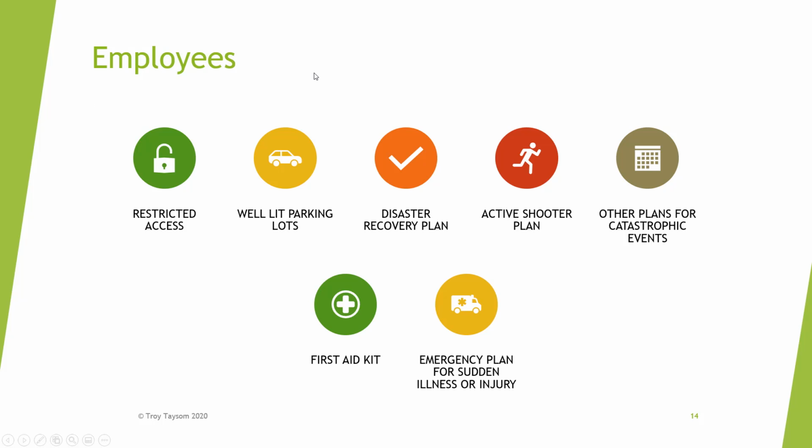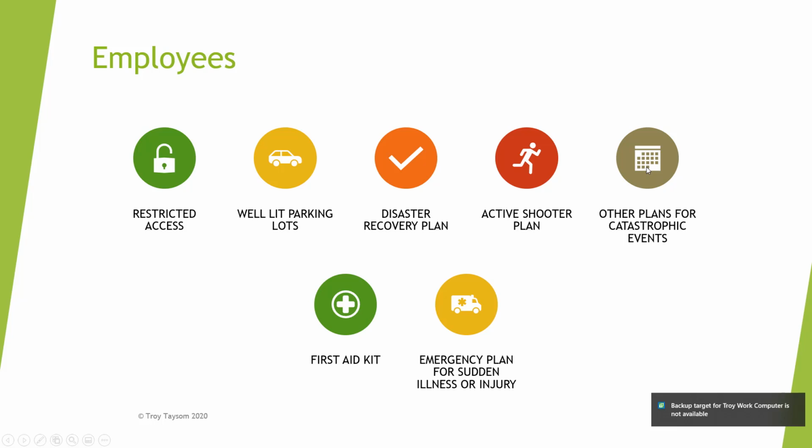So how do you secure your employees? Well, securing your employees is actually, think of it as making your employees secure. So you have restricted access to the building, you have well-lit parking lots, you have a disaster recovery plan so everybody knows what to do if something happens. Sadly, we have to have active shooter plans now, and UVU has one, as do almost every company now.